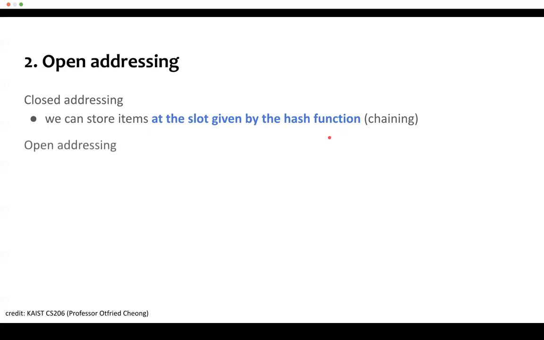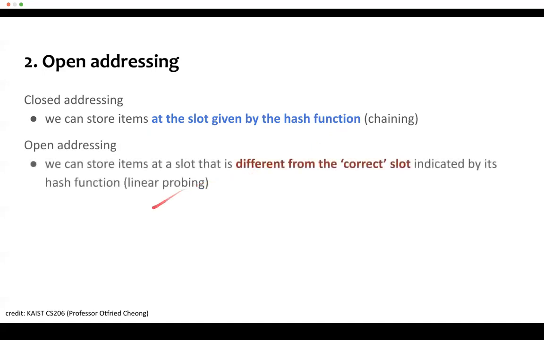In contrast, in the scheme of open addressing, we can store items at a slot that is different from the correct slot. This correct means indicated by its hash function. So we are going to store some items not at the position indicated by our hash function, but at some other places.